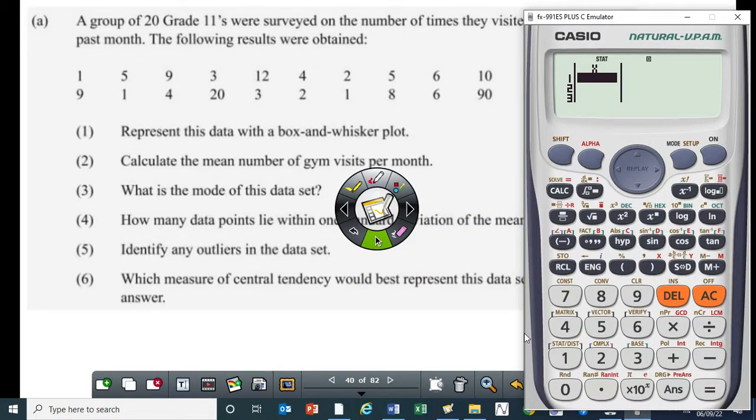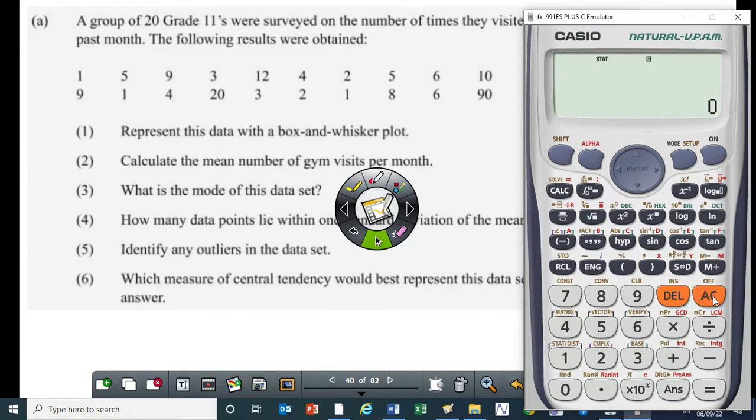All right. Let's enter the data set in our calculators. All right, so I've entered my data set.